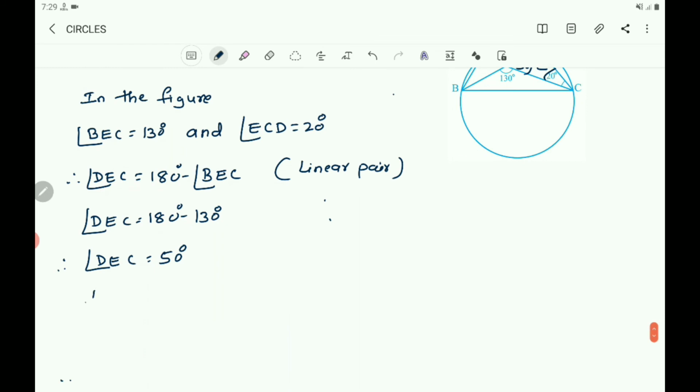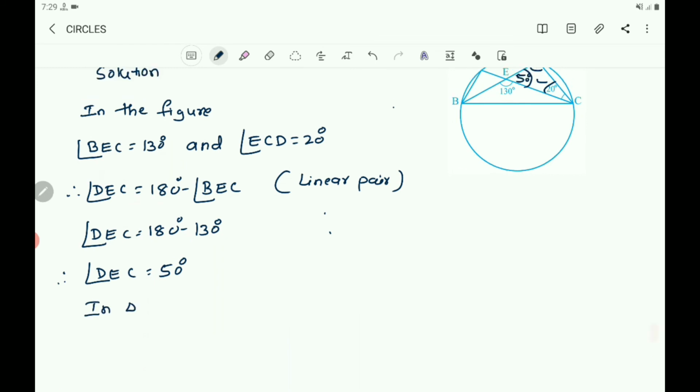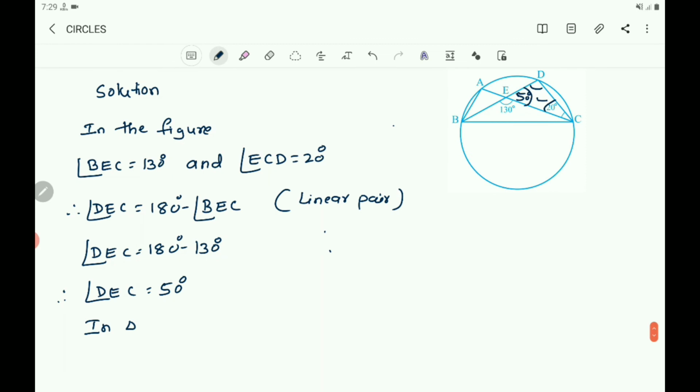So you write in triangle DEC, angle EDC equals 180 degree minus sum of the two angles you got 50 degree plus 70 degree.